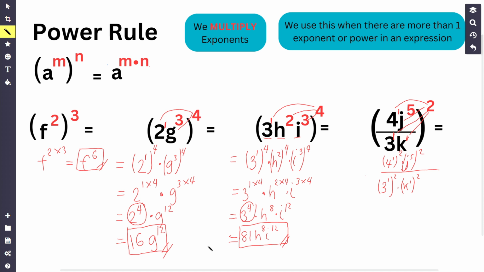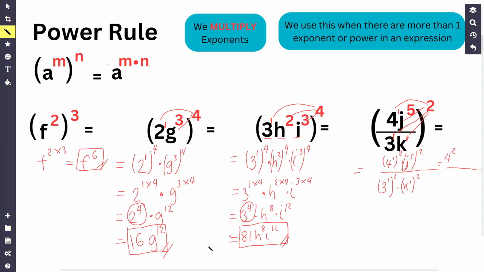The next thing is, of course, we have to simplify. And again, we will follow the power rule, and in the power rule we just multiply the exponents. So this will become 4 raised to, what's 1 times 2?